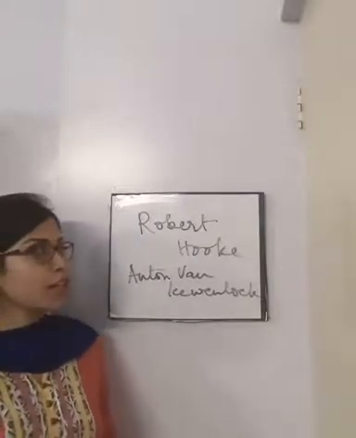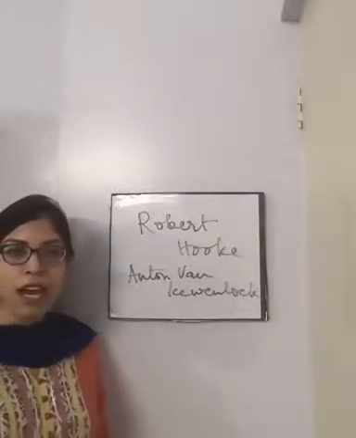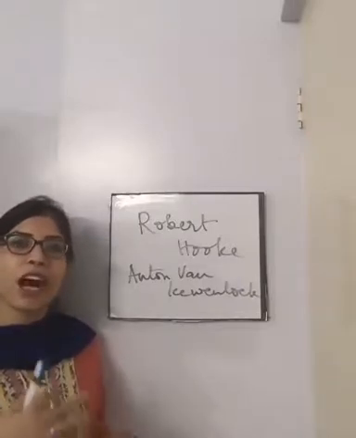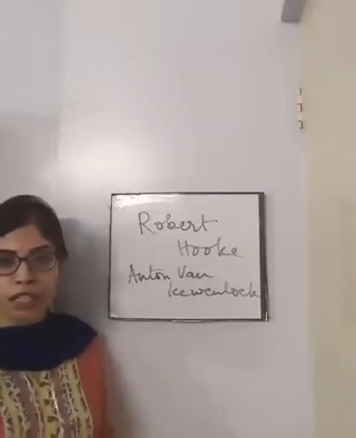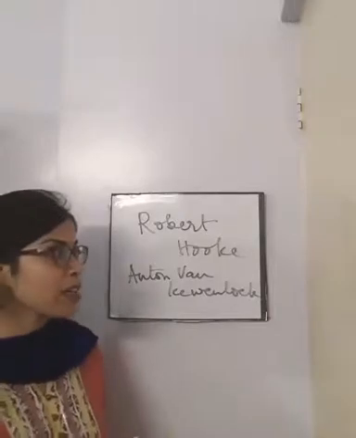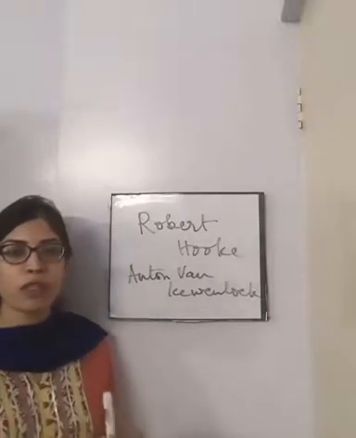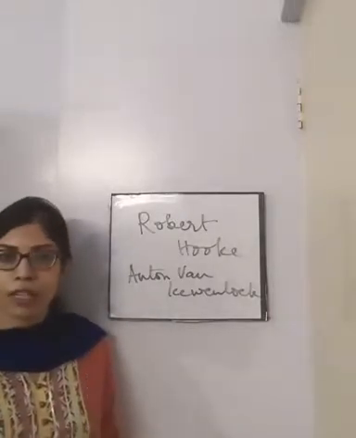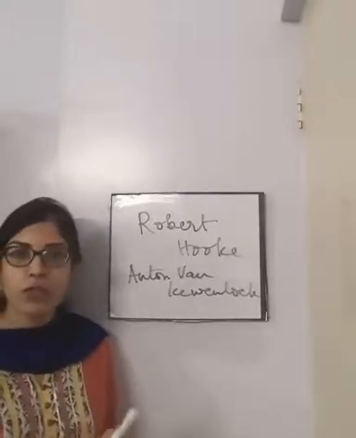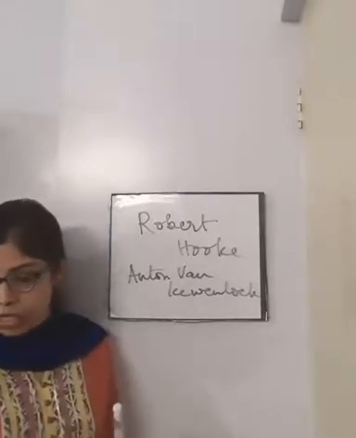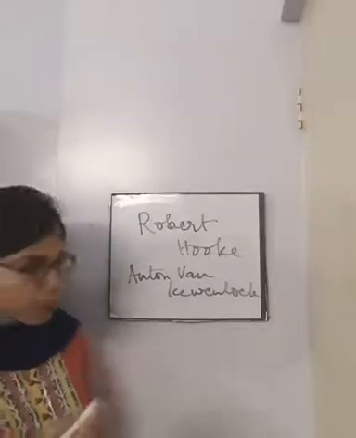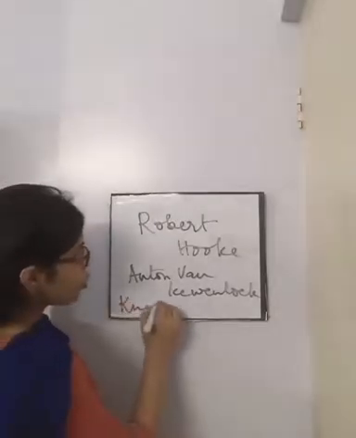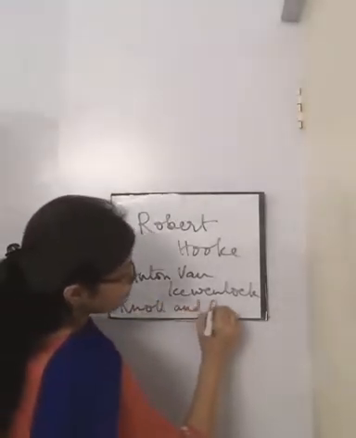Moving on to the latest one, in between there had been numerous other discoveries, but we are not going to go into those because those are not important, and questions also don't come from those topics. So we will go to the last one, that is Knoll and Ruska.